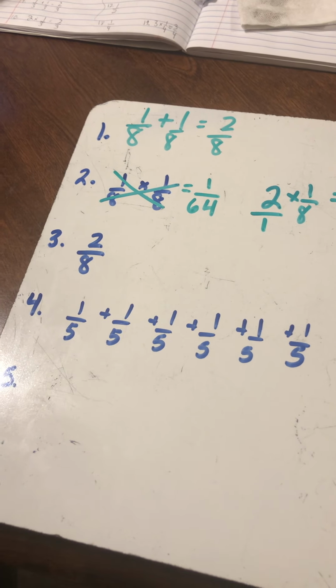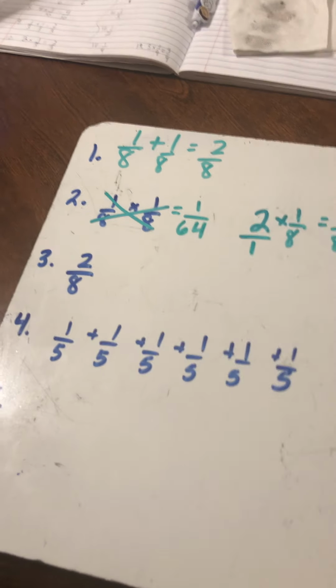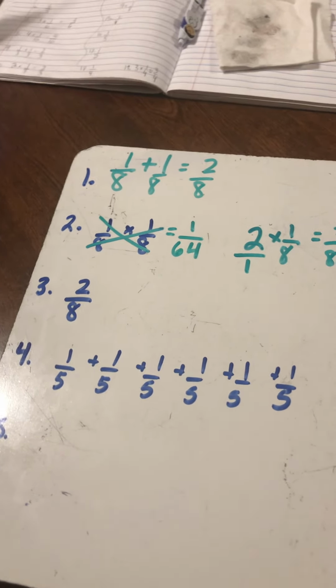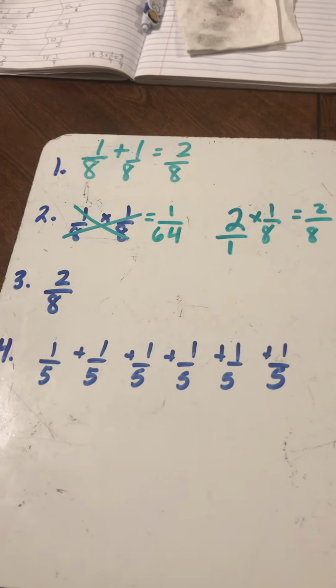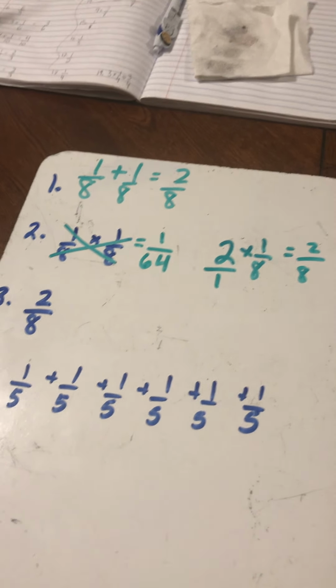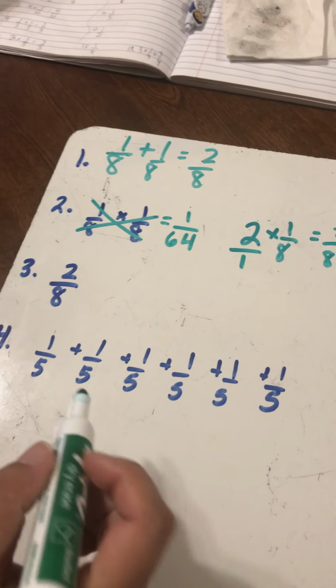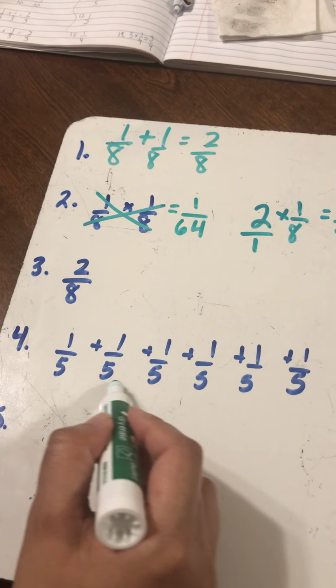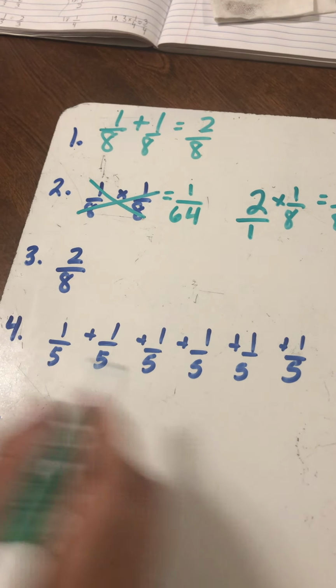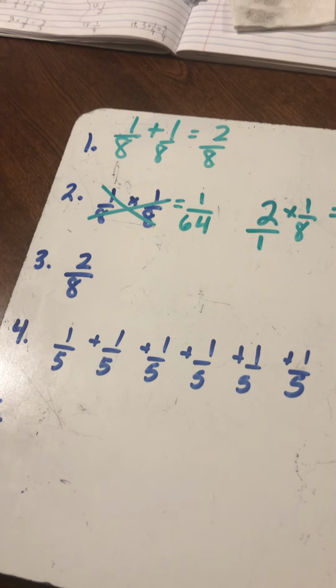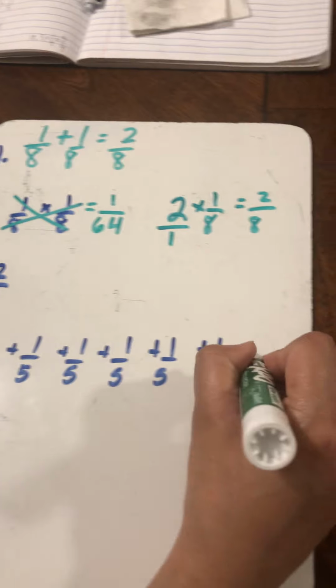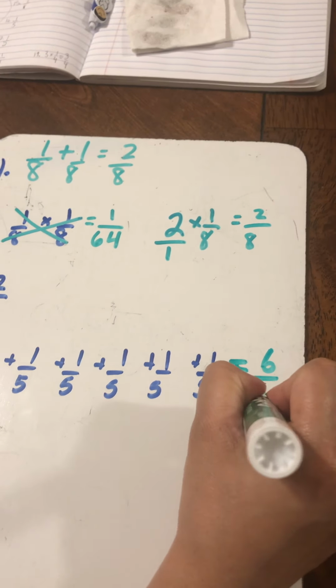Number 4, there is a picture of a number line, and it shows that we're counting by 1/5. Right? So it would be 1/5, 2/5, 3/5, 4/5. So we just had to show an addition equation for that. So you just write 1/5, add that 6 times, and that equals 6/5.